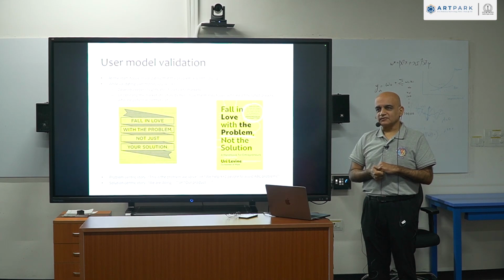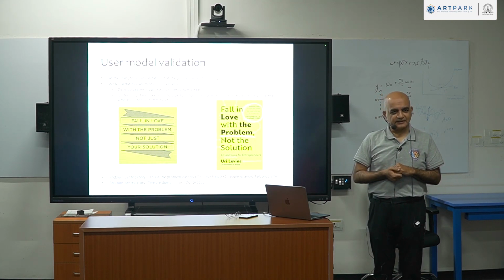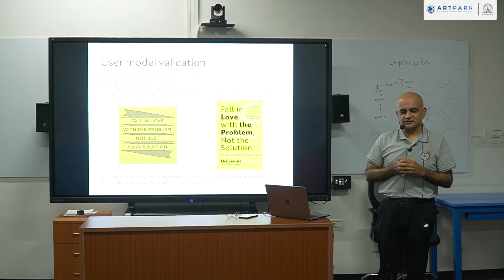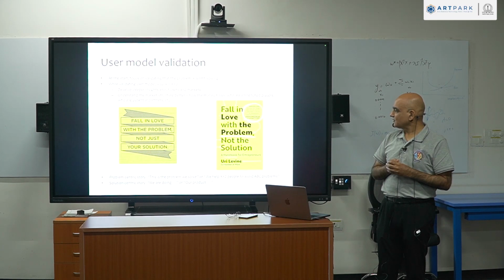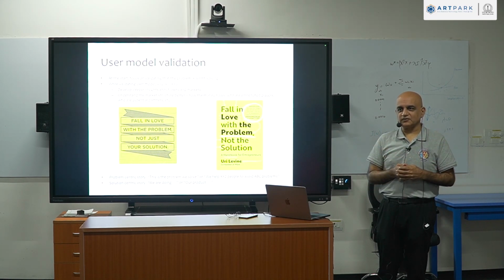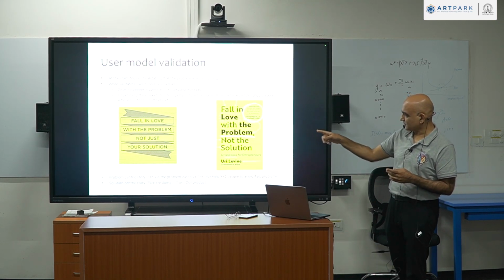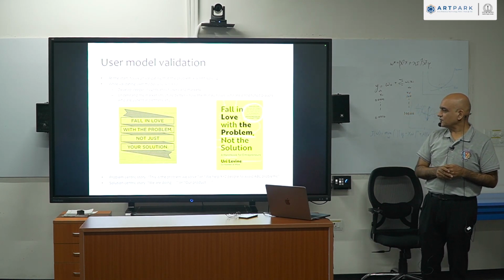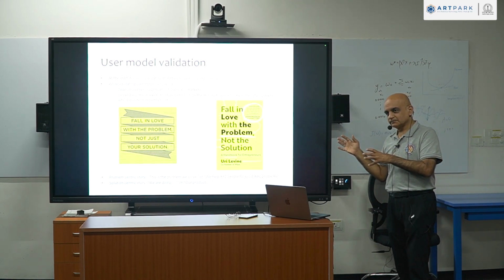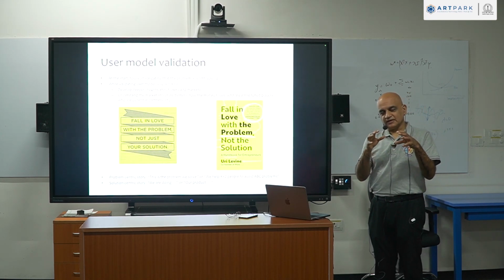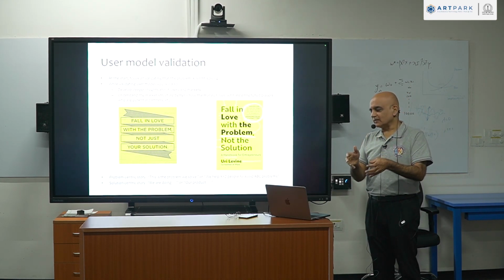But how do you find this out? Here's a quick test for yourself. When you talk about your startup, when you talk about your idea, the problem-centric story would be, this is the problem we solve, or we help these users in this way. You're anchoring your story on the problem.